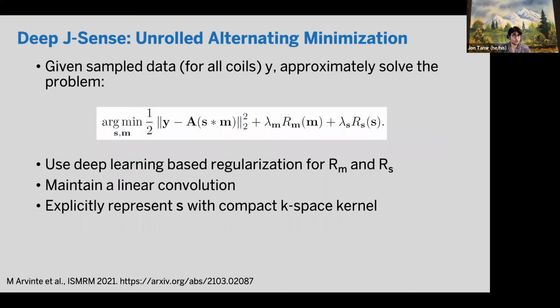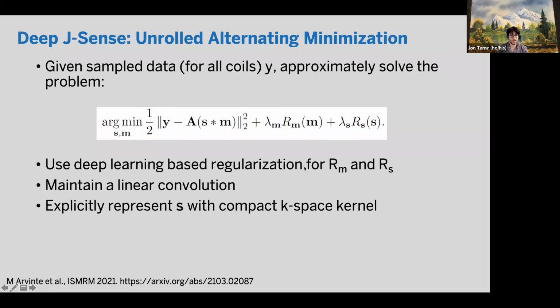And so this motivates our unrolled alternating minimization, where given sample data from all of the coils, we want to solve this inverse problem that again consists of a data consistency term and regularization. But now we're optimizing over both variables, the sensitivity maps for each channel and the unweighted image in k-space. So this is directly in the Fourier domain. And we represent that as a linear convolution that's then sampled. So this A matrix just represents the sampling operator.